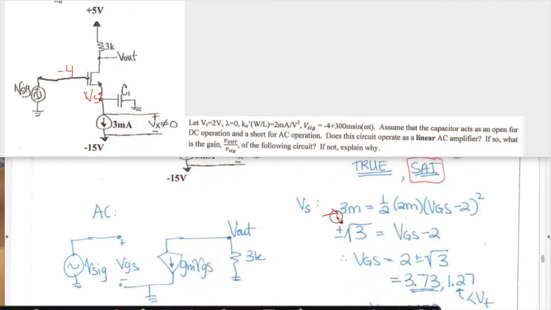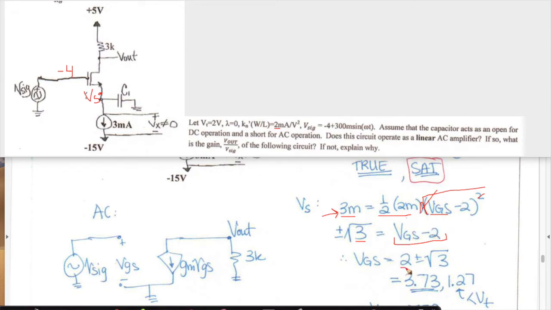We do that by setting up the ID equation. We know the current, 3 milli. We're given Kn prime W over L of 2 milli. Then we need to solve for VGS minus VTn squared. This becomes 1 milli, and we can bring it over to this side, so 3 milli divided by 1 milli is 3. The square root cancels out with the square portion, so we have VGS minus 2.